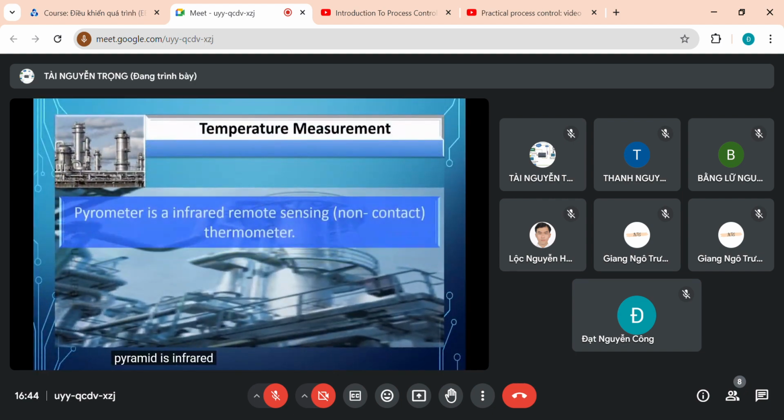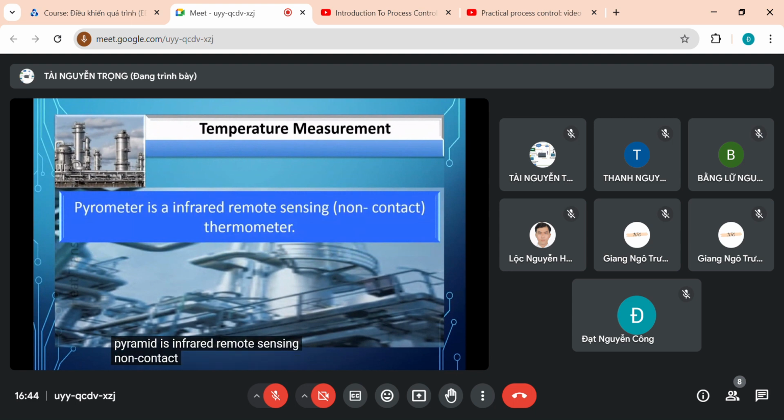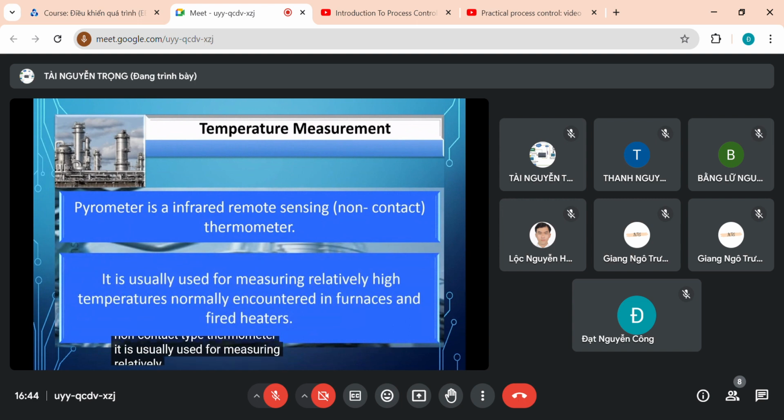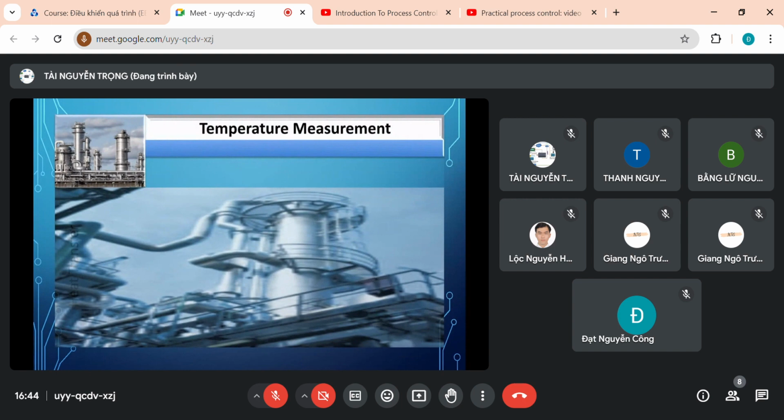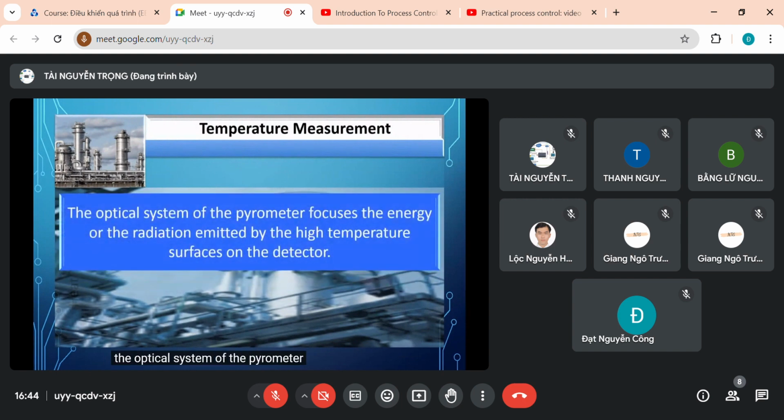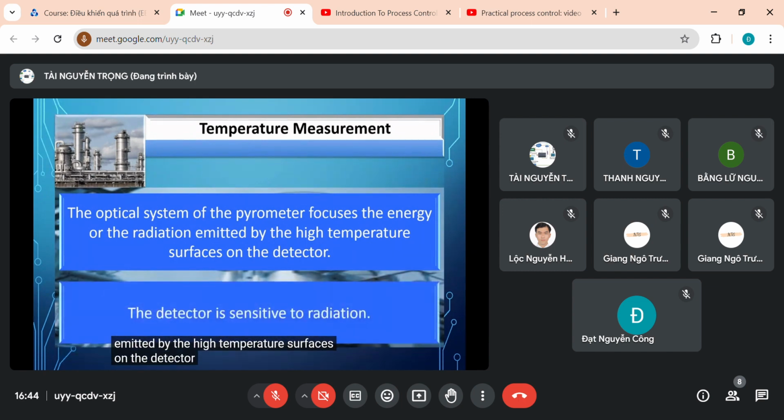Pyrometer is an infrared remote sensing, non-contact type thermometer. It is usually used for measuring relatively high temperatures normally encountered in furnaces and fired heaters. The optical system of the pyrometer focuses the energy or the radiation emitted by the high temperature surfaces on the detector.